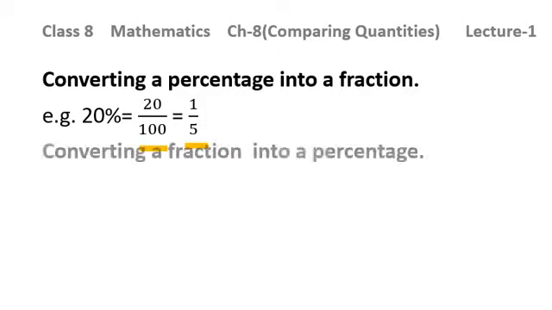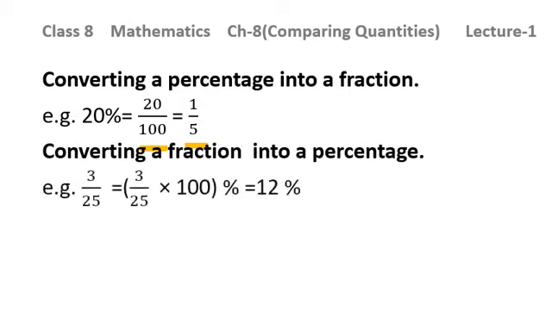This is the fraction. Now how to convert a fraction into a percentage? If a fraction is given to you, say 3 over 25, then you need to convert it into a percentage. How will you proceed? 3 over 25 is to be multiplied by 100%, with the percent sign, so it will be 12%.